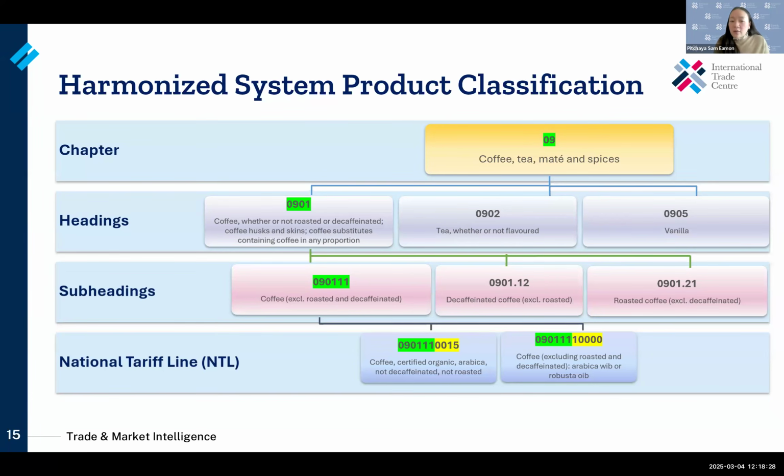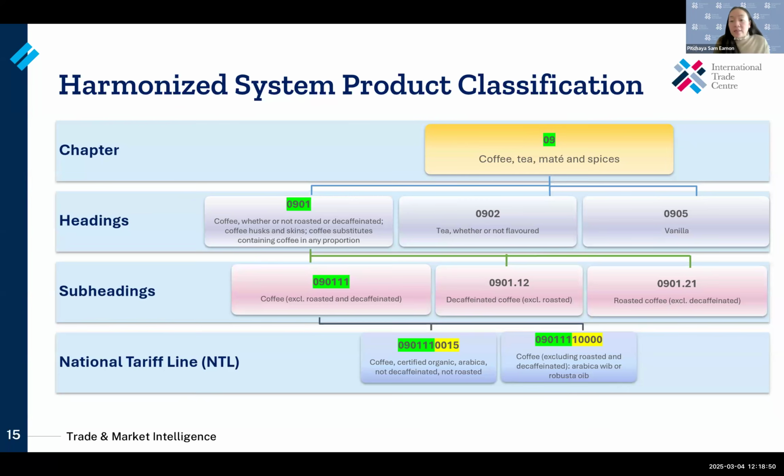If you're exclusively talking about the green bean coffee, not roasted, not decaffeinated, you are talking about HS code 090111. Whereas if your coffee is decaffeinated but not roasted, the code that will be applicable to you is 090112.